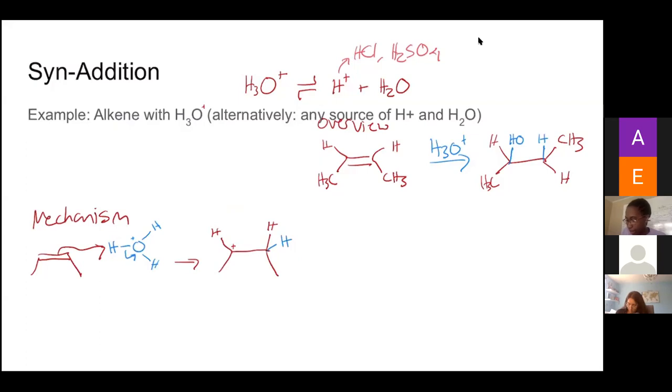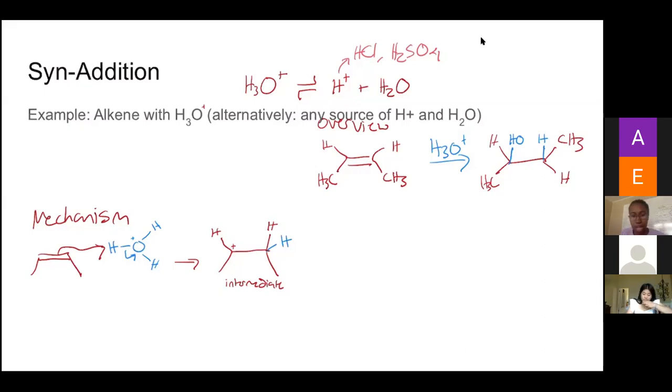Can anyone tell me what type of intermediate we're looking at? It's a carbocation intermediate, but which type? Secondary? Yes, exactly. This carbon right here, which has the plus charge on it, is attached to one CH3 group up here, and then this other carbon over here. So it's got two carbons on it, and it's a secondary carbocation intermediate. Great job.